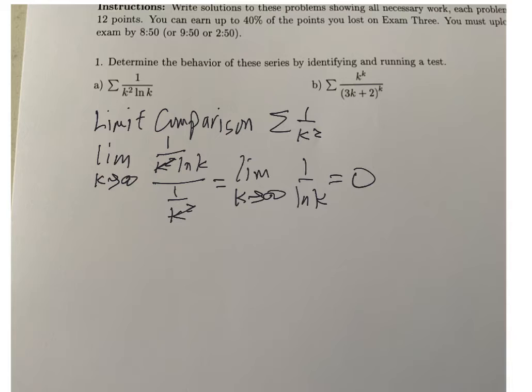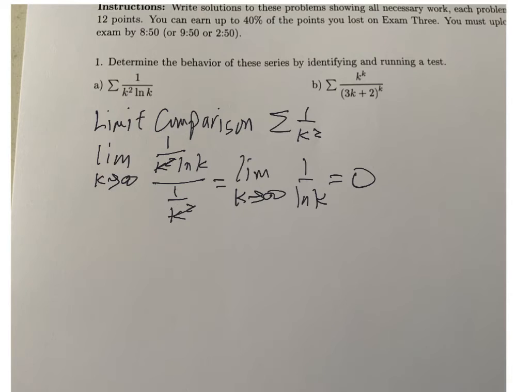Now, 0 is not the best we could hope for from the limit comparison test. What we'd really like is a positive finite number, and then we would know the series behave the same. But there is a second and third option to the limit comparison test if you get 0 or infinity for your limit.